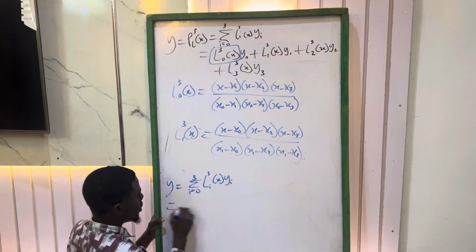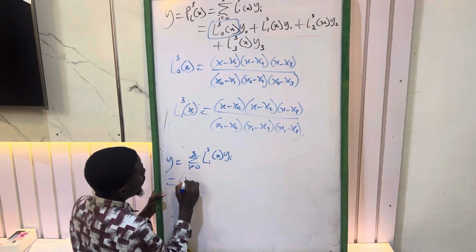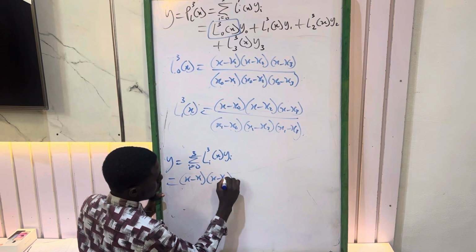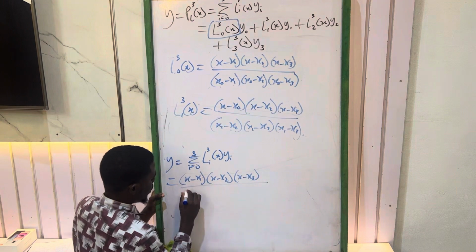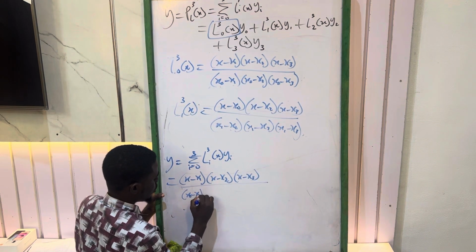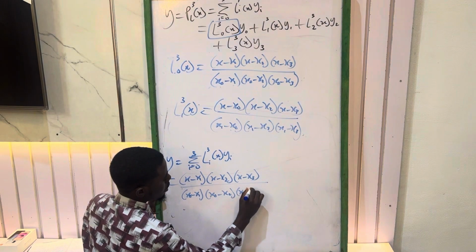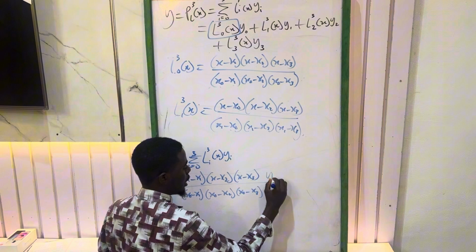So all this is going to be equal to what we have here. For the first term, we have x minus x1, x minus x2, x minus x3 all over x naught minus x1, x naught minus x2, x naught minus x3. So this is going to be multiplied by y naught.